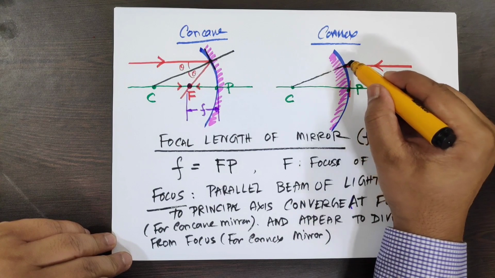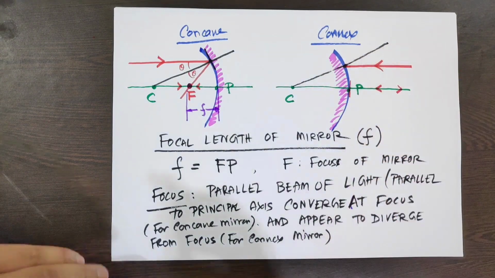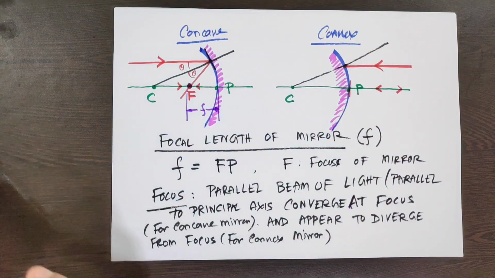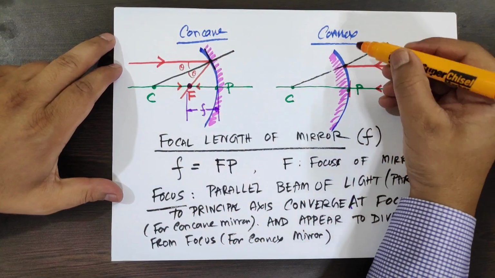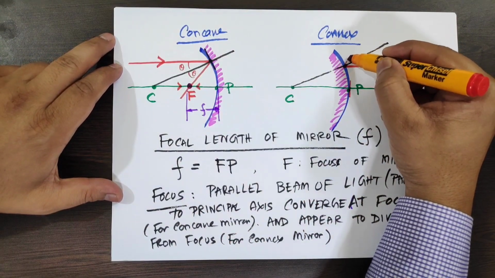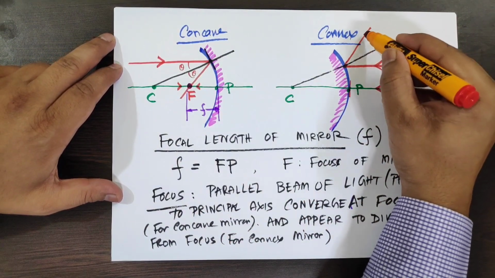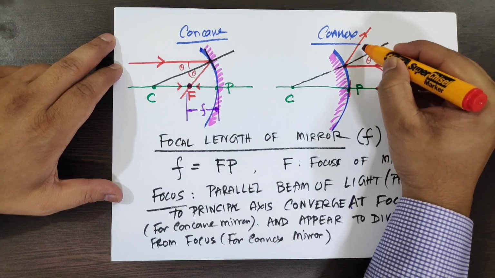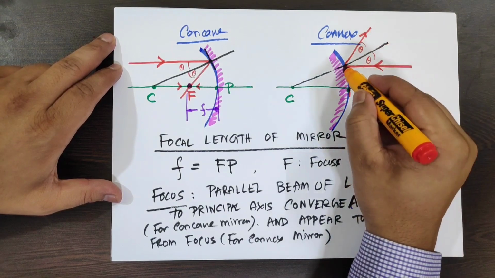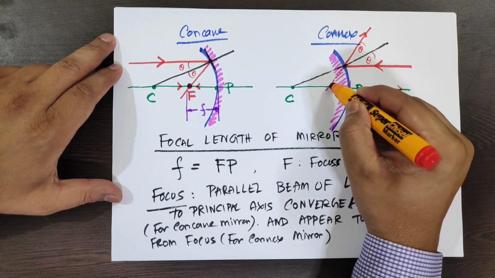There it is. So this is the normal, and it will obey obviously the law of reflection of light. So this is theta, so this is also theta. So here it is. There.